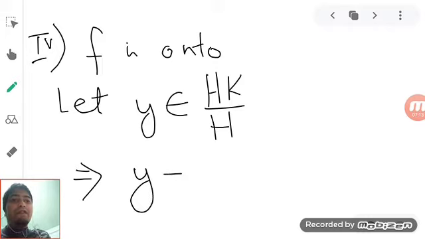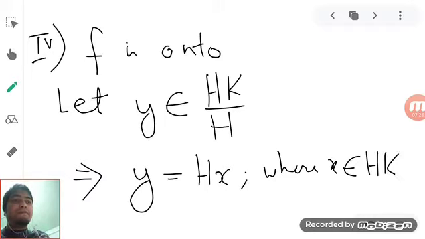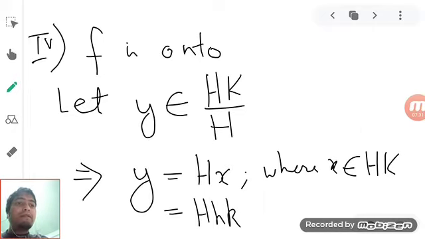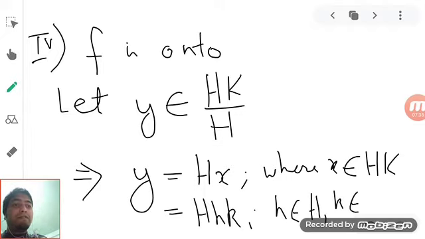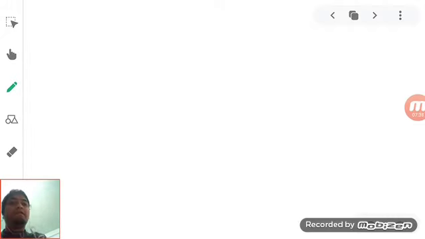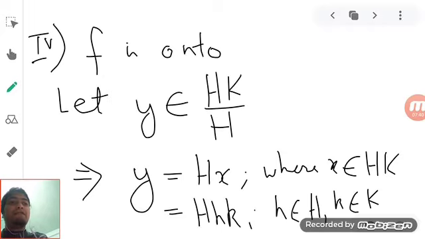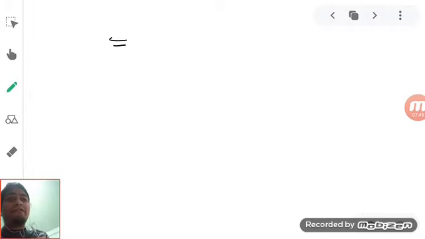So if y belongs to HK over H, we will have y = hx, where x belongs to HK. But x belongs to HK, so you can immediately write this as hk, h belongs to H, small k belongs to capital K. So you will have it equal to, again, h can be absorbed in this capital H. We have done that already. So you will have hk.